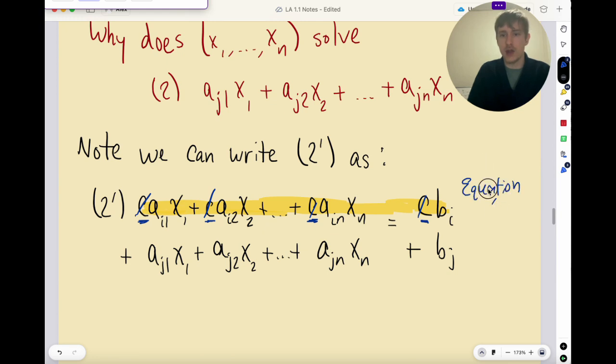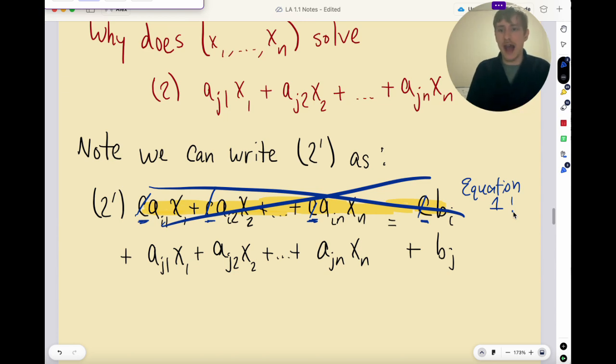And we know that equation 1 is true, meaning that ai1 x1 plus ai2 x2 plus yada yada yada plus ain xn, that indeed does equal bi. So since they're the same, we can just cancel them out. If you have 2 things that are the same on both sides of an equation, you can subtract and cancel them out. So this goes away.